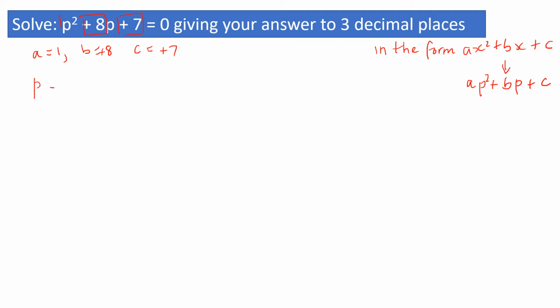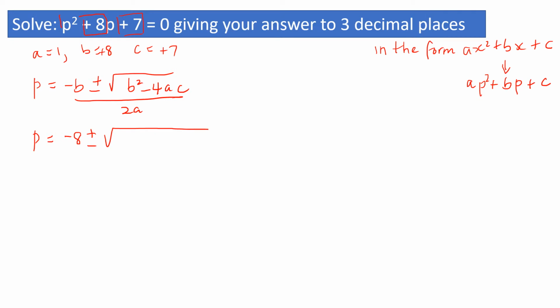So p is equal to minus b plus or minus the square root of b squared minus 4ac, all over 2a. So p is equal to, our b is positive, so it will be a minus 8 plus or minus the square root. Our b again is 8, so we're squaring that, minus 4 by a, which is 1, by c, which is 7, all over 2 times 1.